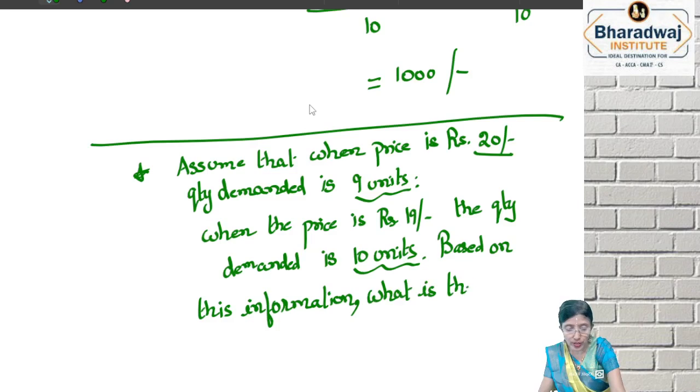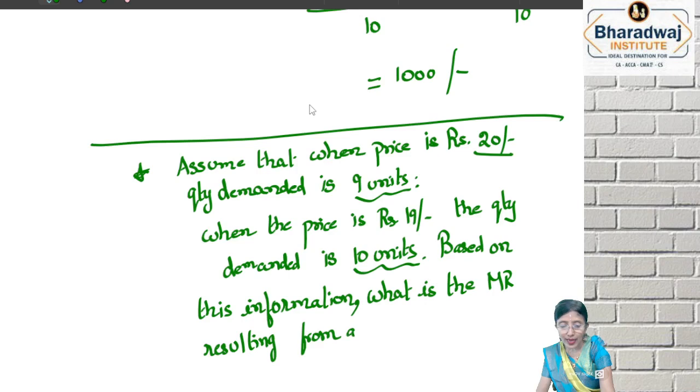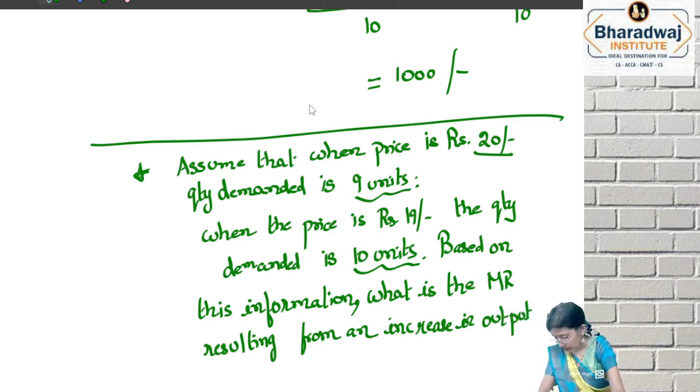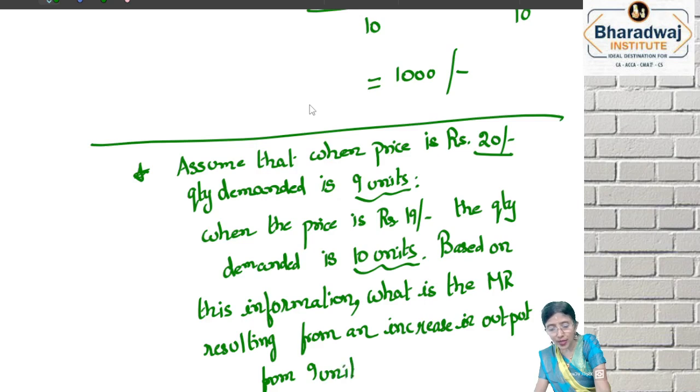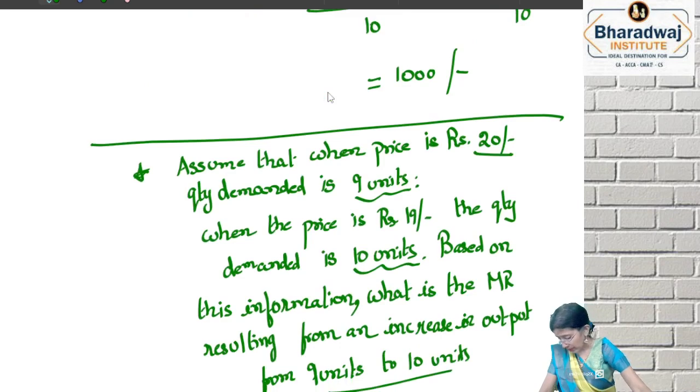Based on the given information, what is the MR resulting from an increase in output from 9 units to 10 units? See, this is 9, be clear. From 9 units to 10 units. See, different types of questions only I'm trying to give. Now, what is the answer for it?